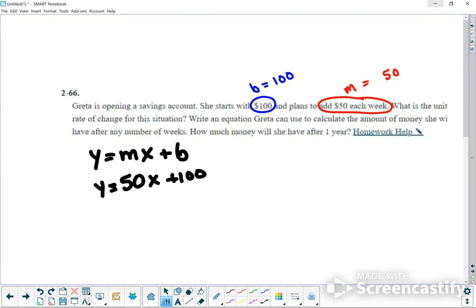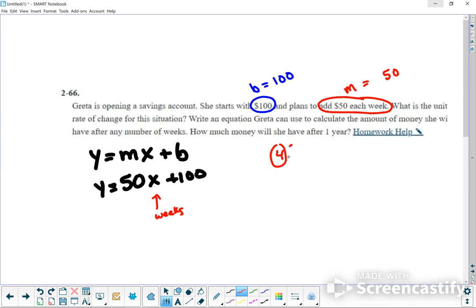So 1 year. This right here, x, represents weeks. So you have to figure out how many weeks are in a year. Let's see, we got 4 weeks in 1 month, right? And how many months do we have? Well, we have 12.